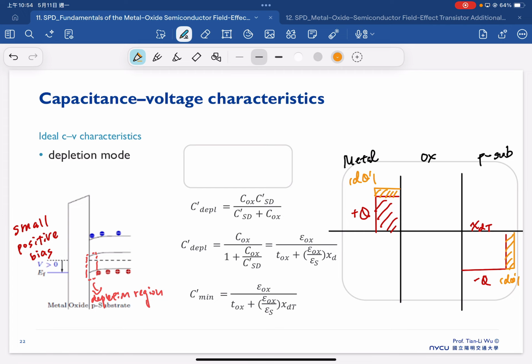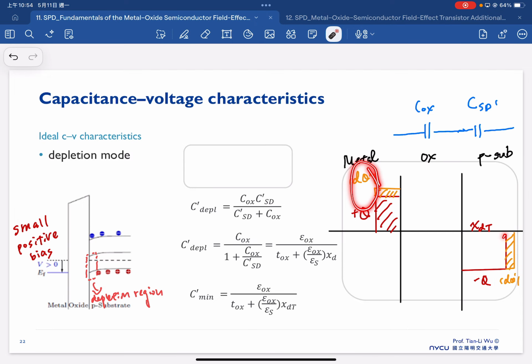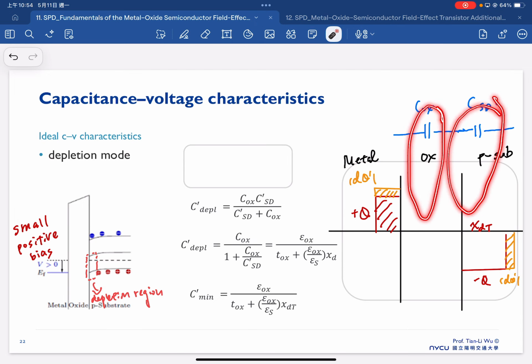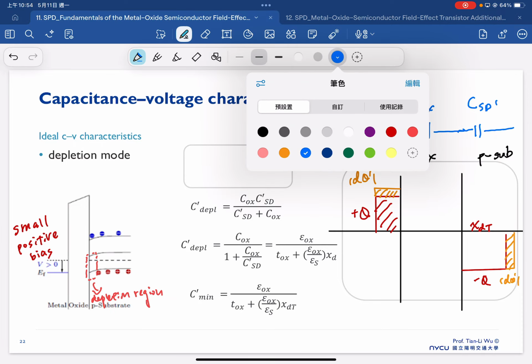So considering the CV characteristic now, it will be equal to Cox, but also in series with the depletion capacitance, because now we have a charge change here and here. So that must be the capacitance of this one and this one in series.